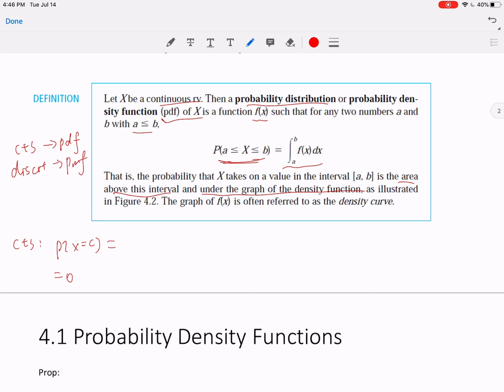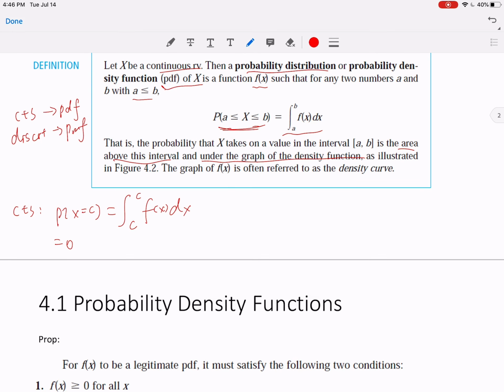Since here it is a single point, that means we want to integrate f of x over this one point, which is the integral from c to c of f of x dx. Based on the calculus you learned before, the integration over a single point is equal to 0. So this is always equal to 0. So always keep this idea in your mind.